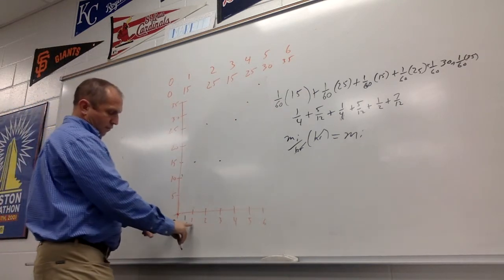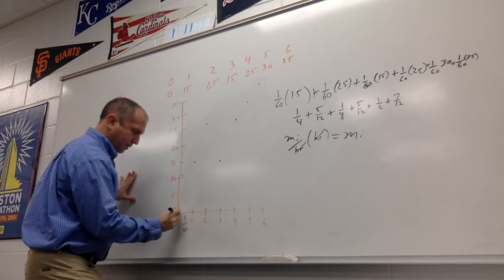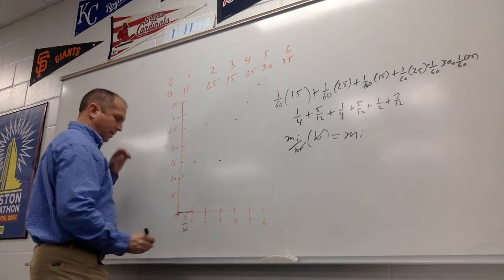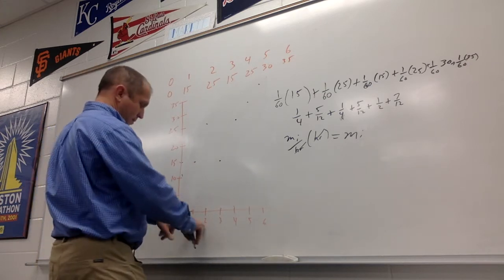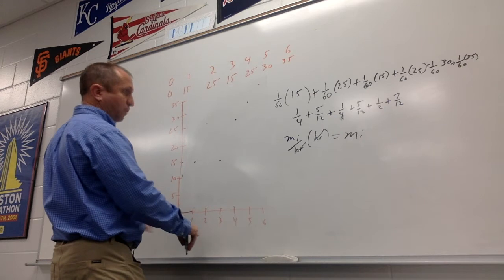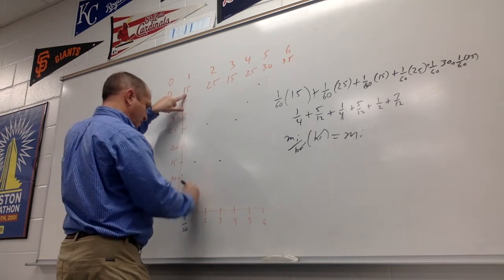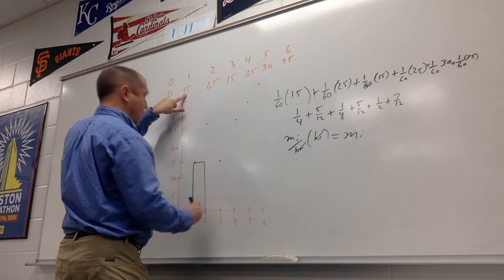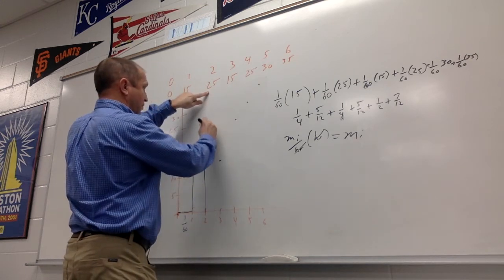So from our interval from 0 to 1, I'm going to use my height of 0 here. So I actually don't have an area right there. The next one, from 1 to 2, again, is a width of 1/60th. I'm going to use my height of 15. And then I'll use my height of 25 for my third interval.